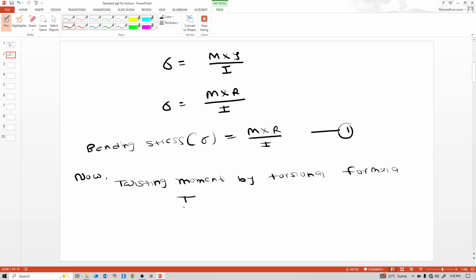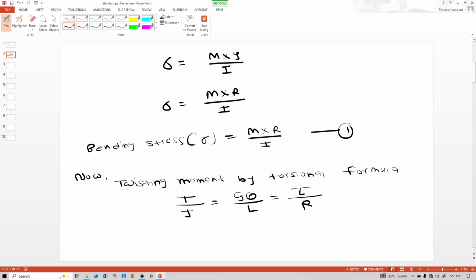The torsional formula is T by J is equal to G theta by L is equal to tau by R. This T is the maximum twisting moment, J is the polar moment of inertia, G is the modulus of rigidity, theta is the angle of twist in radian, tau is shear stress, R is the radius of shaft, and L is the length of shaft.